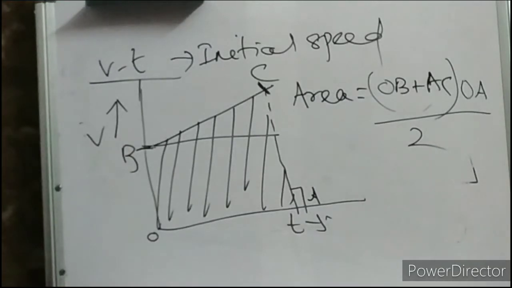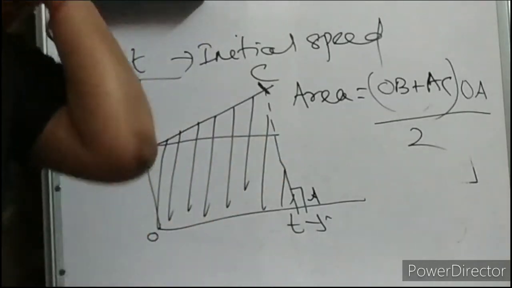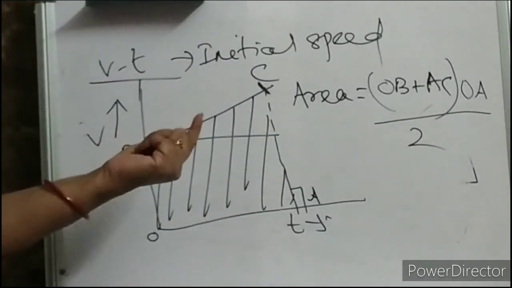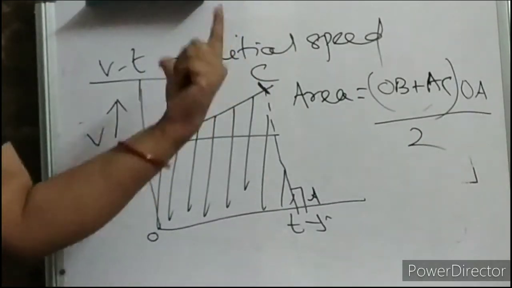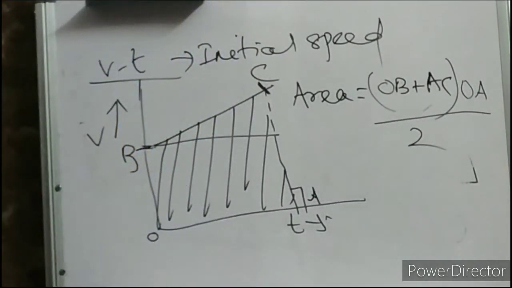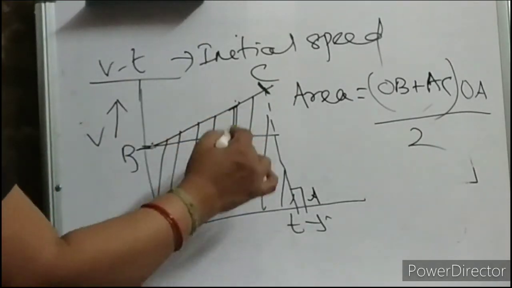Is it clear, children? How to calculate the distance covered by a moving body when there is some initial speed and the body is moving with uniform, increasing speed. That means with accelerated motion. Clear? And slope, at any point, you can calculate the slope.